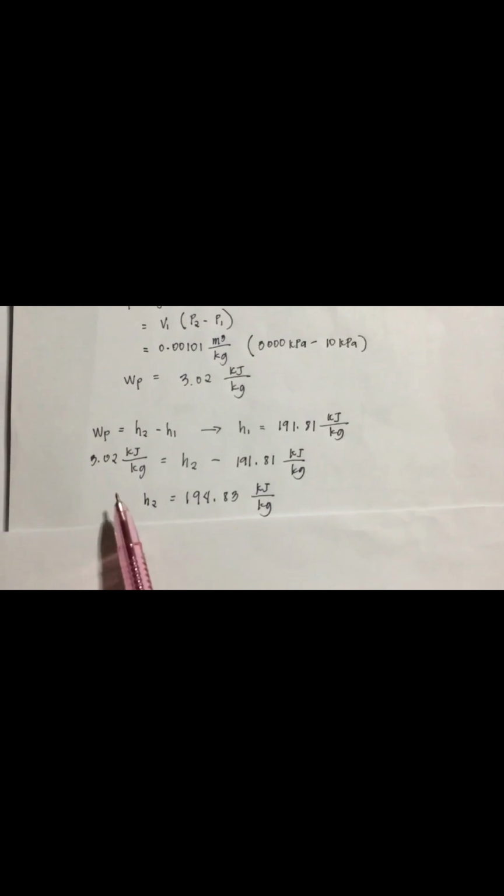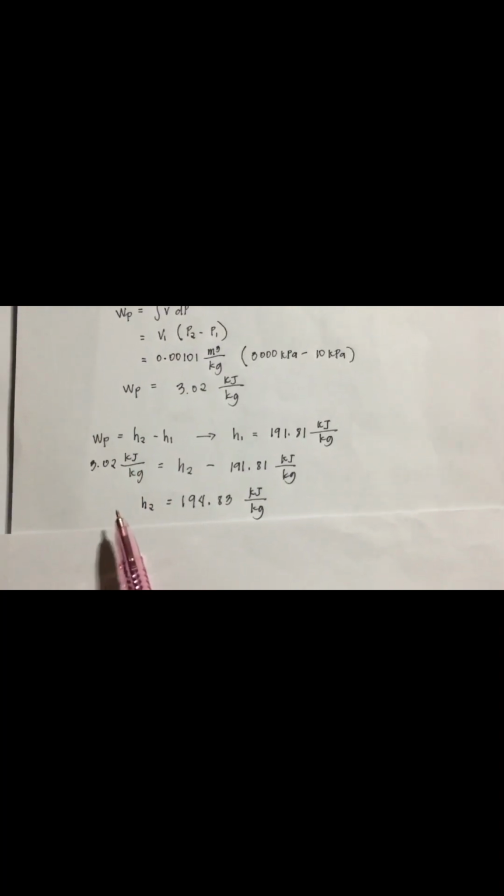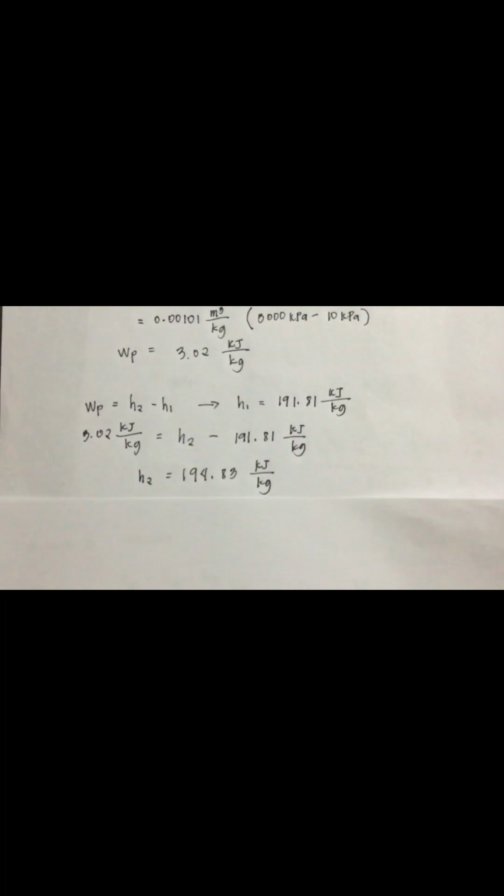Our WP is 3.02 kilojoules per kilogram, and our H2, which we need to find, minus our H1 of 191.81 kilojoules per kilogram, gives an H2 of 194.83 kilojoules per kilogram.